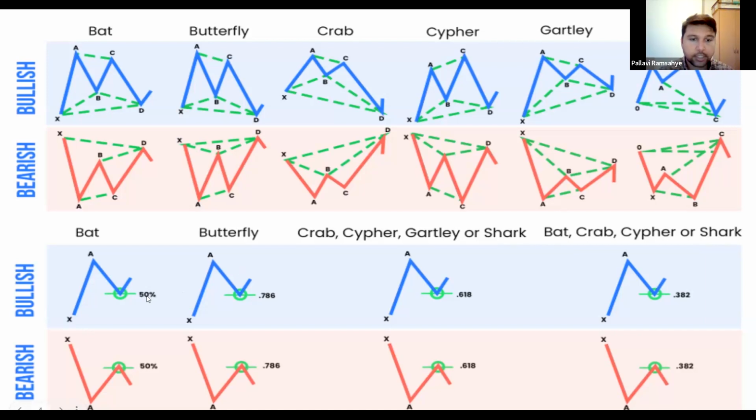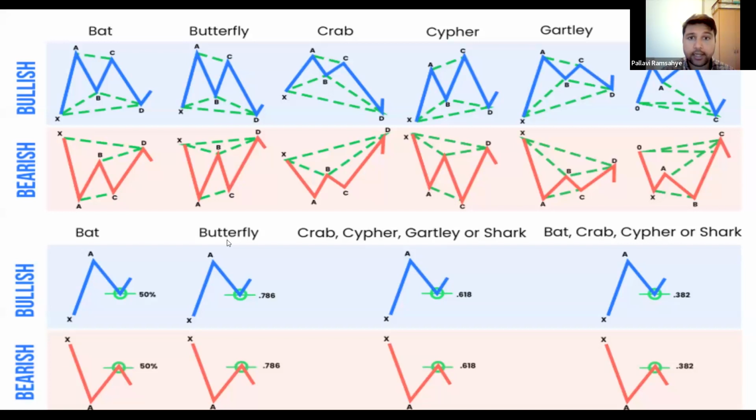It can be a zone. So if I see price bounce off of 50%, I know it can be a bat pattern forming. If it bounces off of 786, I know it could be a butterfly pattern forming. This is one little trick that everybody can use.